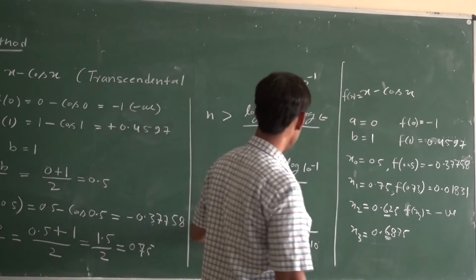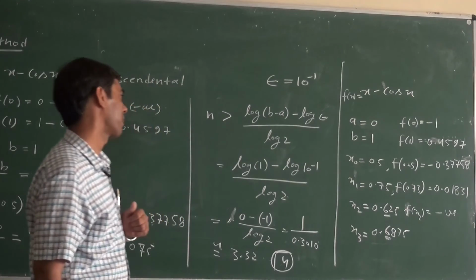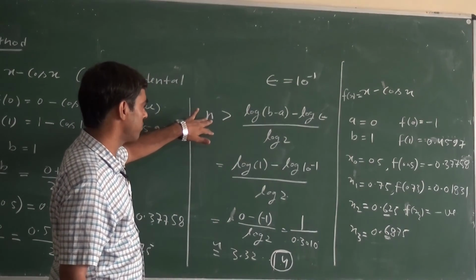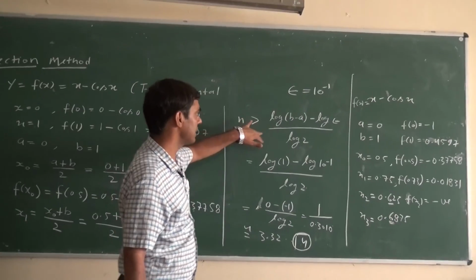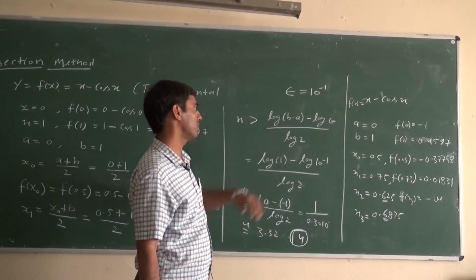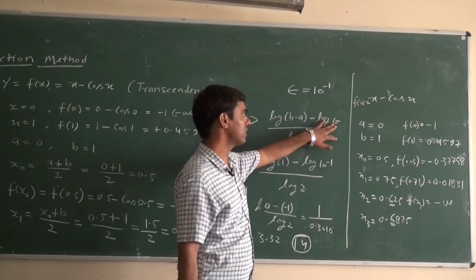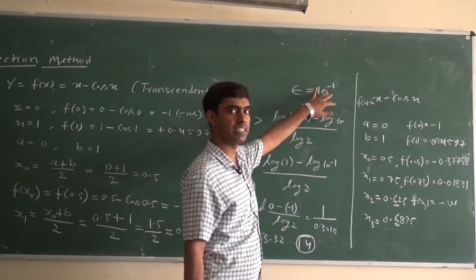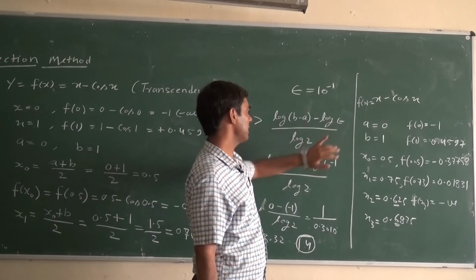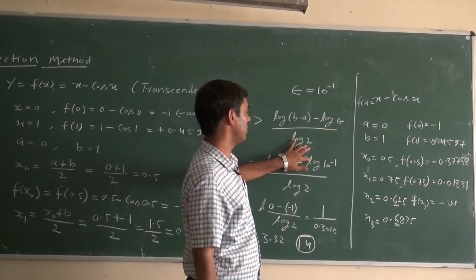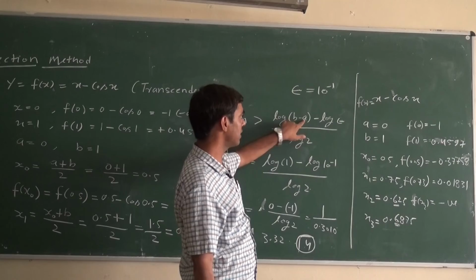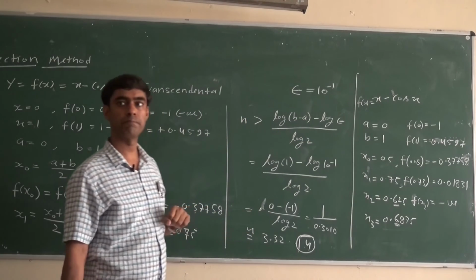One other thing: if we see this formula, n is greater than log (b minus a) minus log EPS divided by log 2. Log EPS is fixed, whether 4 decimal places or 5 decimal places, EPS is fixed and log 2 is a constant value, so the number of iterations depends on the difference of a and b.